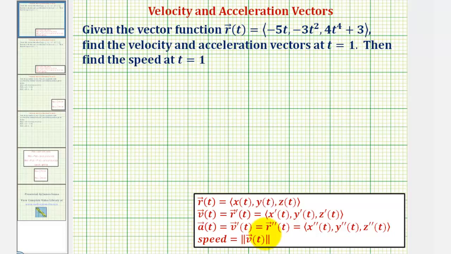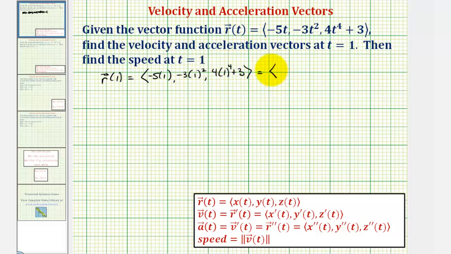Because we'll also look at this graphically, let's also determine the point on the space curve where we're determining the velocity and acceleration vectors. So the point on the curve would be the terminal point of r of 1. So let's begin by determining r of 1. r of 1 would have an x component of negative 5 times 1, a y component of negative 3 times 1 squared, and a z component of 4 times 1 to the 4th plus 3.